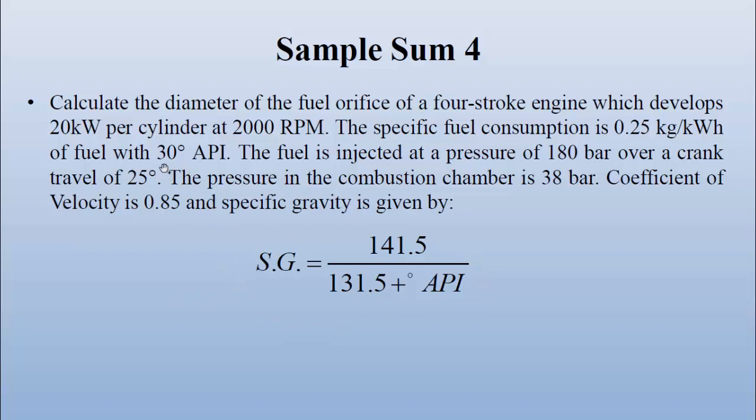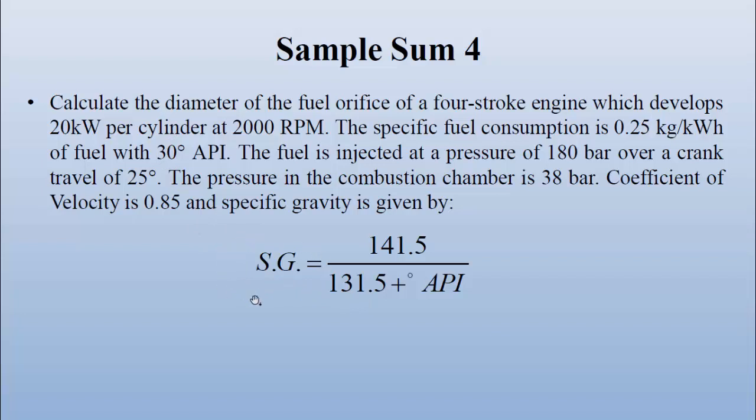At 30 degrees, the specific gravity will be something; you put 30 over here. But imagine that the temperature increases to 40 degrees. Here there will be 40, the value of the denominator will increase, and as the denominator increases, the specific gravity will decrease.